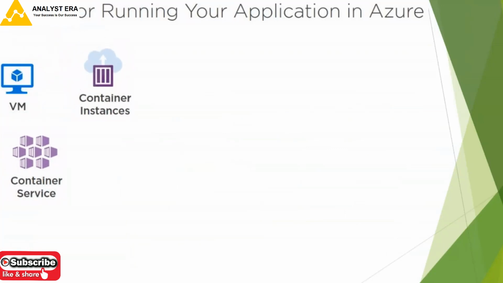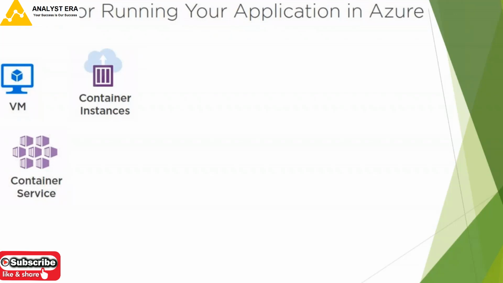It will help me deploy containers. What are containers? We just saw that, container versus VMs. It will help me deploy my application in a container kind of architecture rather than a virtual machine kind of architecture. We have multiple things.